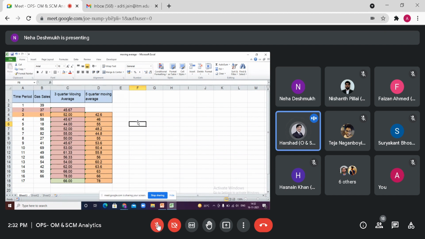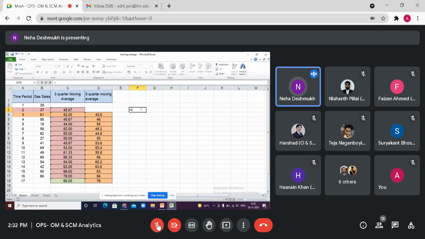Ma'am, please repeat again. For 3 quarter moving average, we calculate the average of the first three values, or the average of three successive values. Here, how to calculate this 45.67? Calculate the average of 39, 37 and 61, right?